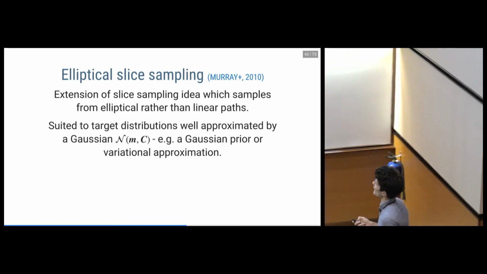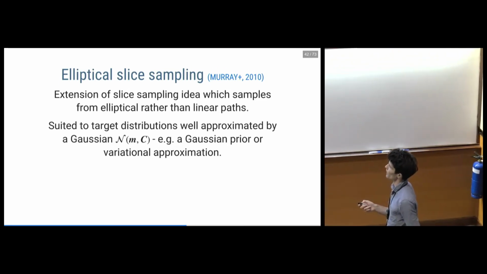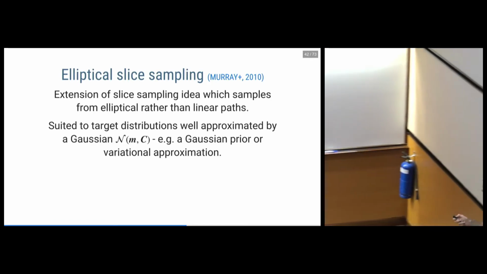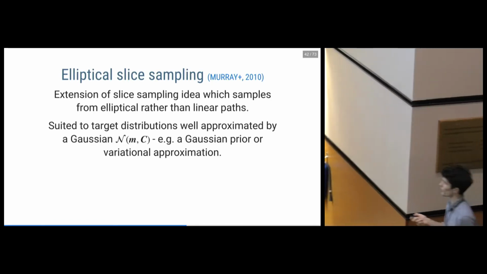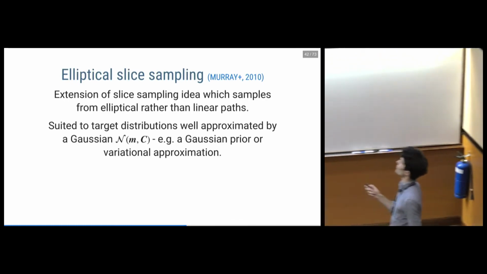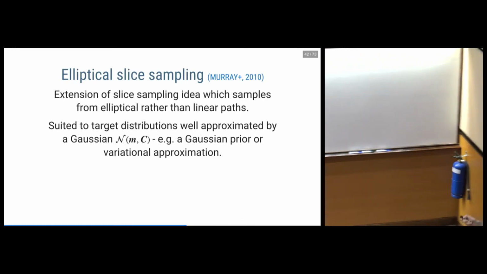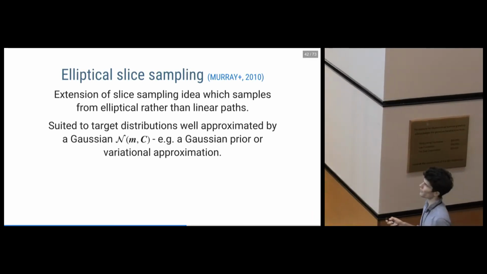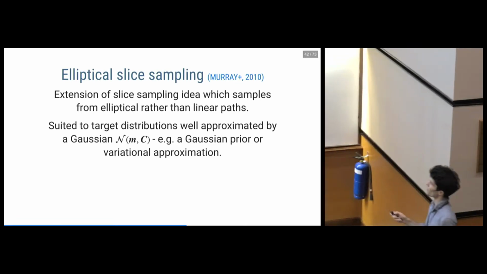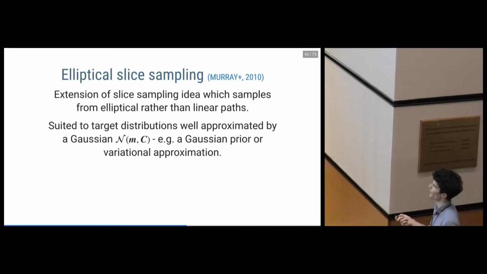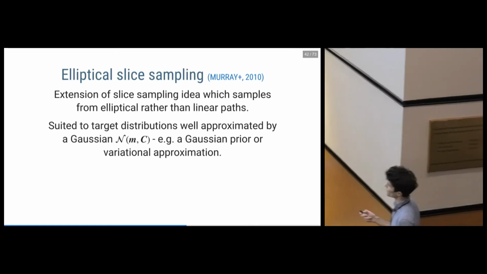Another slice sampling variant which has been proposed is the elliptical slice sampling method by Iain Murray, Ryan Adams, and David MacKay. The idea here is that rather than looking for the intersection of a slice and some linear path through space, we instead look at the intersection between an elliptical path and the slice.